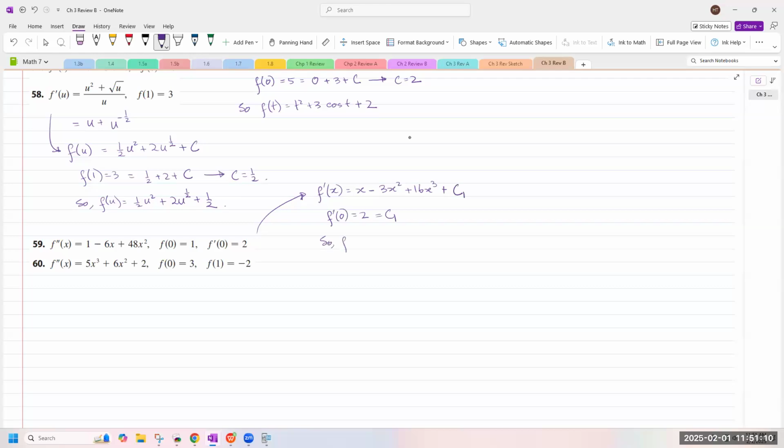So f prime x equals x minus 3x squared plus 16x cubed plus 2. Now do the antiderivative again. That gives us 1/2 x squared minus x cubed plus 4x to the 4th, I'm sorry, plus 2x plus c0.